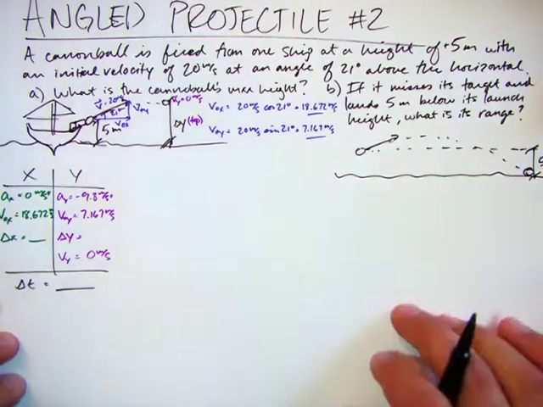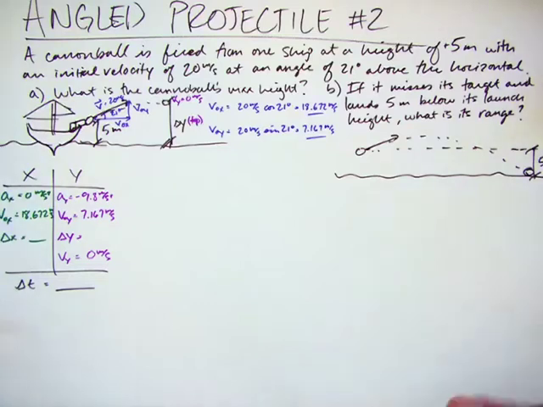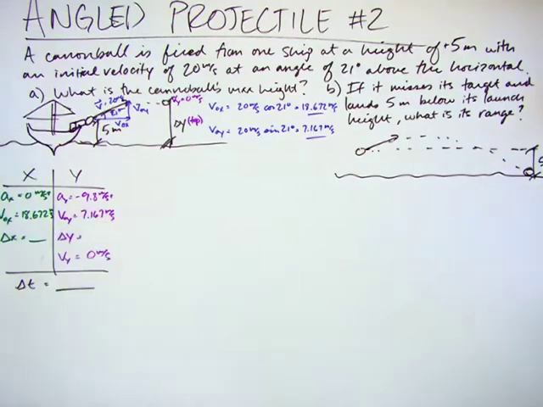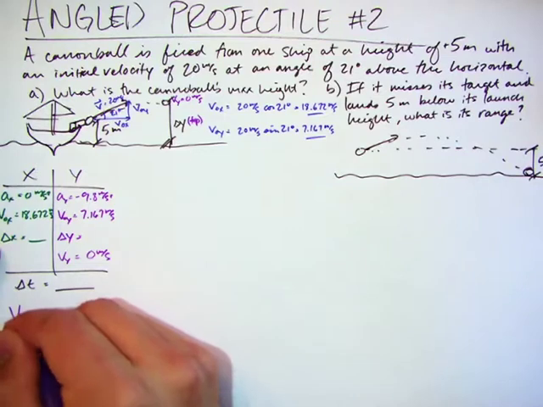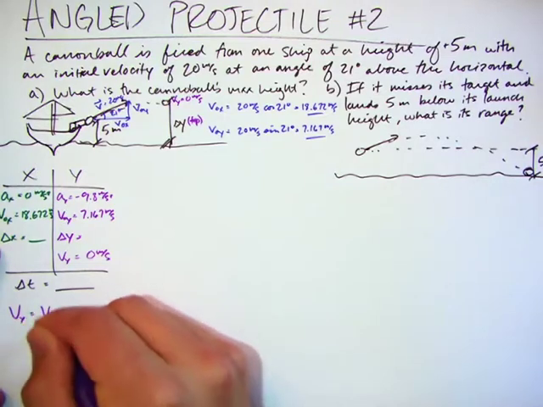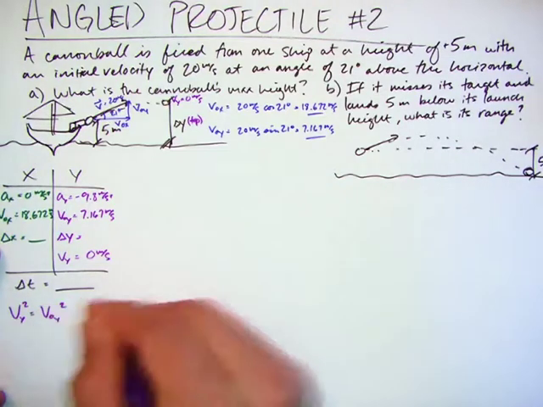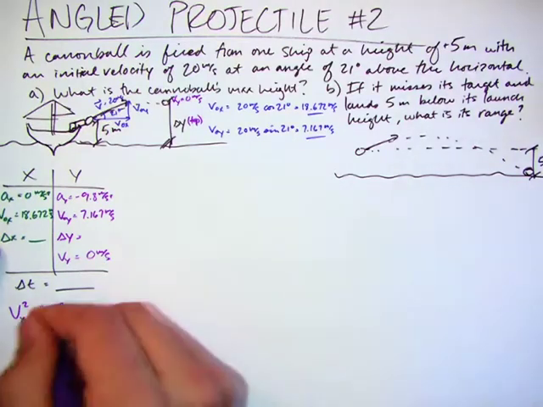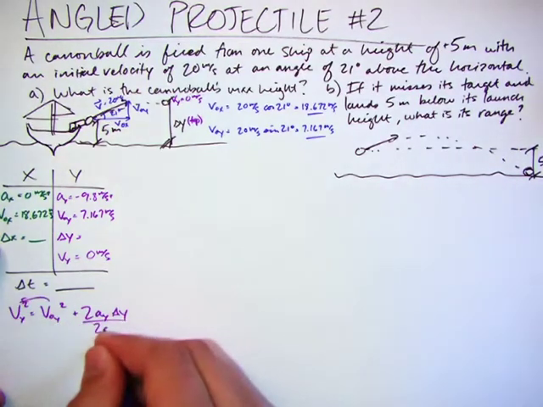And we do know that that would connect to the 2, but do I need the time? Well, it turns out I don't, right? If I want to know delta y, and I know the two velocities, initial and final, and a, I can go straight to equation number 3. Vy final squared is Vy initial squared plus 2ay delta y. So I subtract that over, divide by 2ay.